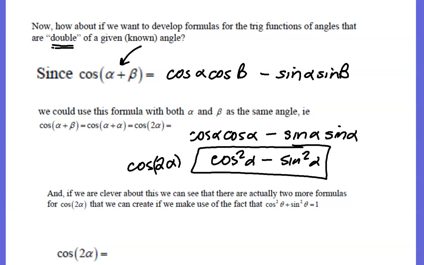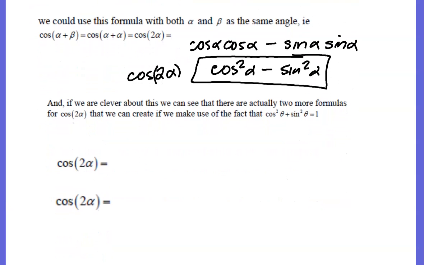But you might notice that because I have these cos squareds and sine squareds, I can manipulate this a little bit using the Pythagorean identity that we learned. So yes, I can use cos squared minus sine squared, but I could also replace the sine squared with a manipulated version of this. So remember, sine squared theta equals 1 minus cos squared, right?